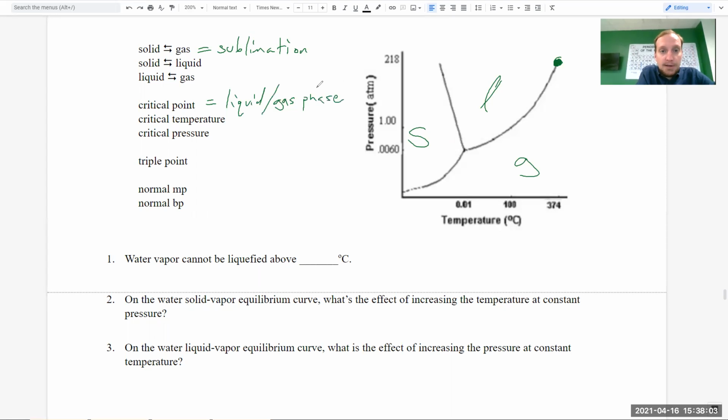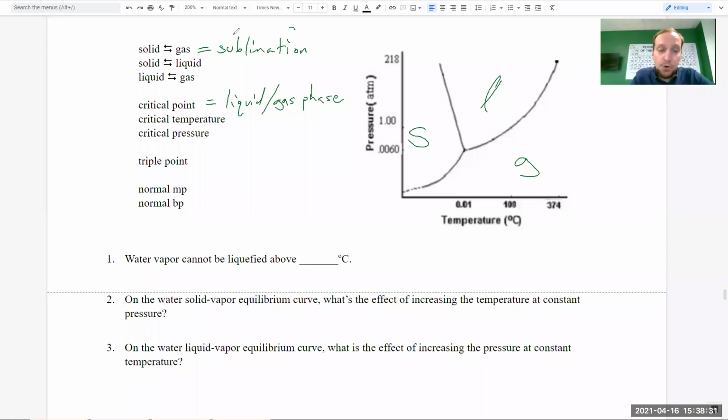The critical point is an odd state of matter between liquid and gas when the two are coexisting and are indistinguishable from each other. You cannot tell which it is because, more correctly, it is both. Okay, that's called the critical point. And again, it's always the upper rightmost point on these graphs. Typically, you'll show it as an actual dot.